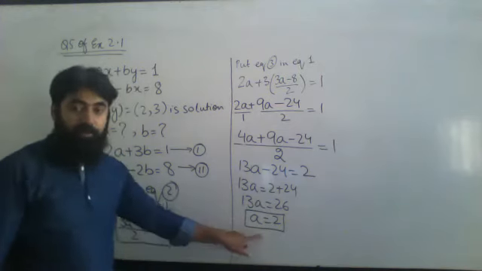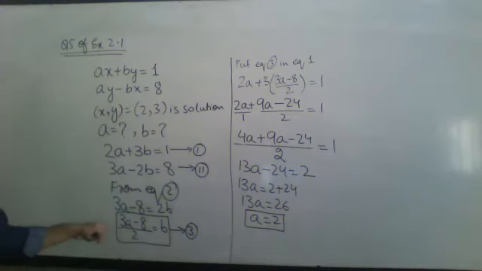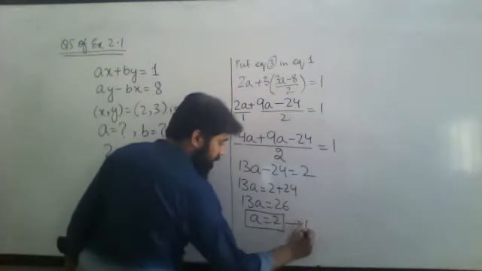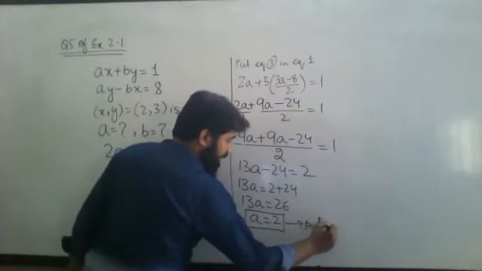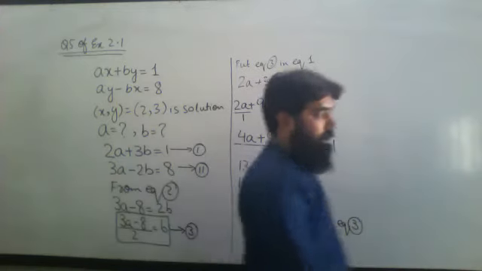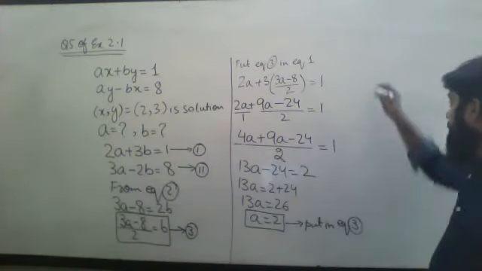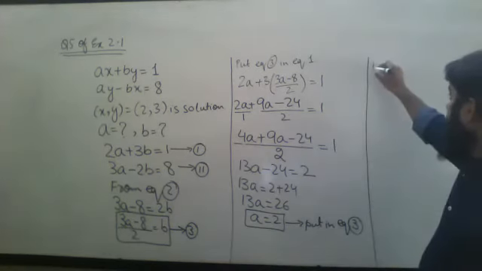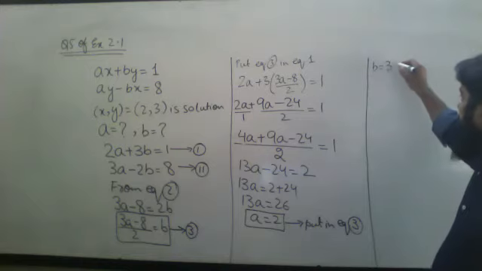Now this value of a will be plotted in this equation. You can put it over here or over here also, but it is already in the form where b is the subject. So I am directly putting it in equation 3. Okay, putting it in equation number 3. So b equals to 3.